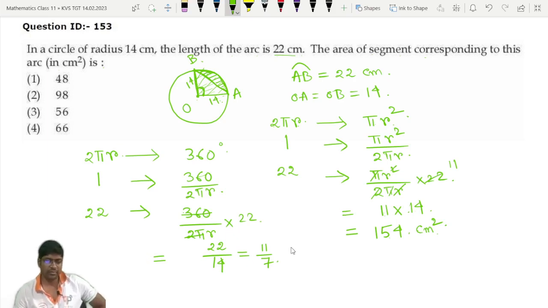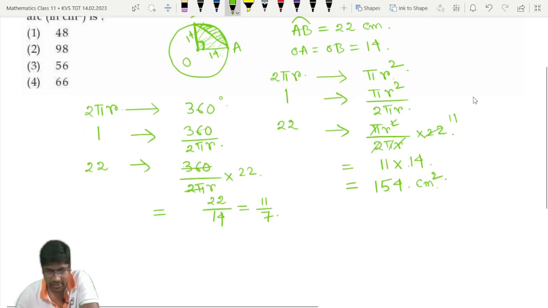Question number 153, some more information is needed, otherwise we can't do like that, because anyway we need the area of the triangle OAB. If it is 90 degree or a right angle triangle, then it is easy to find. Suppose this angle AOB is equal to 90 degree, it is given.